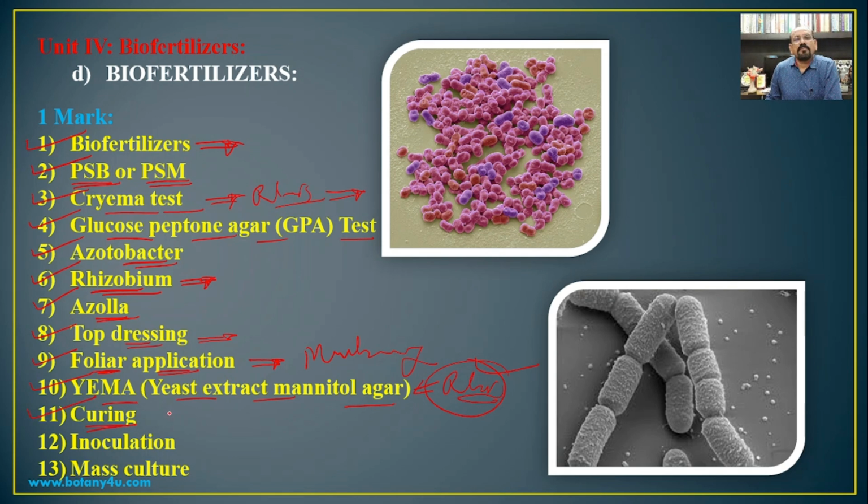Curing is the process in which, at room temperature, the microorganisms are multiplied. Then inoculation. Inoculation is the method in which the microorganisms are transferred onto a culture medium for growth or multiplication, and a method in which microorganisms are grown on a large scale is known as mass culture.